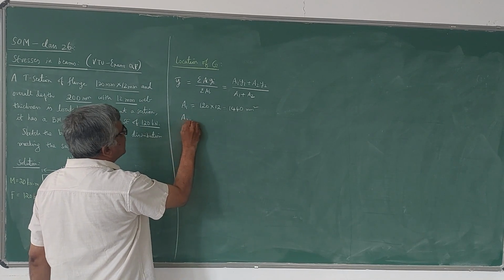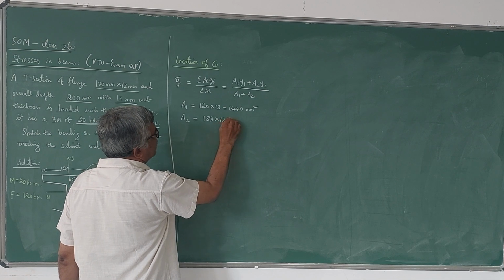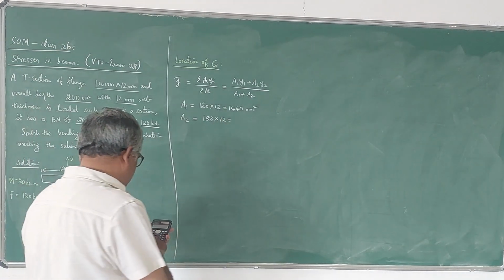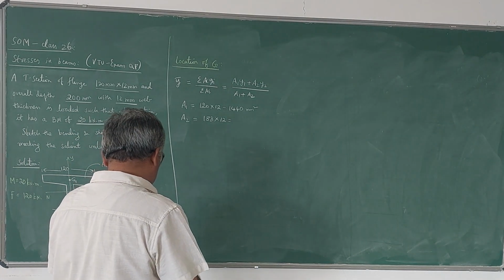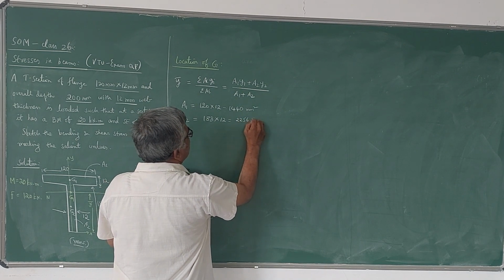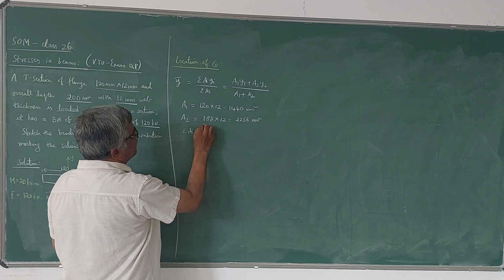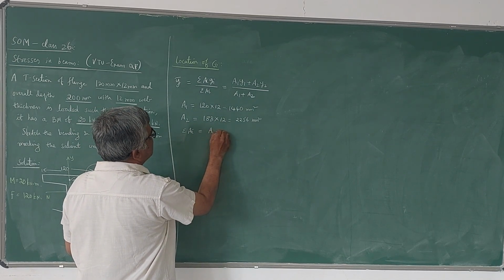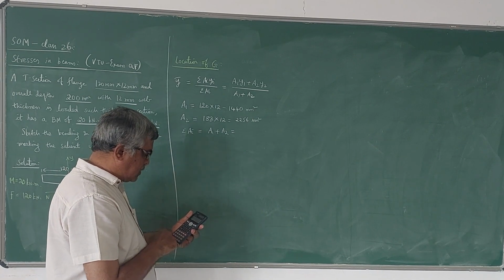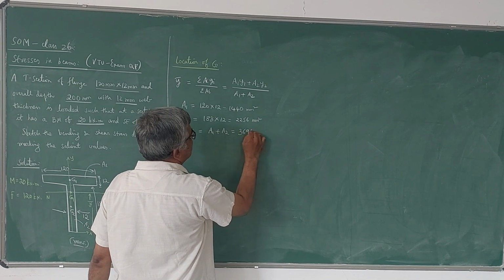A2 is the area of the web, 188 by 12, which is 2256 mm². So the total area, sigma a, is the sum of these two, a1 plus a2, which is 3696 mm².